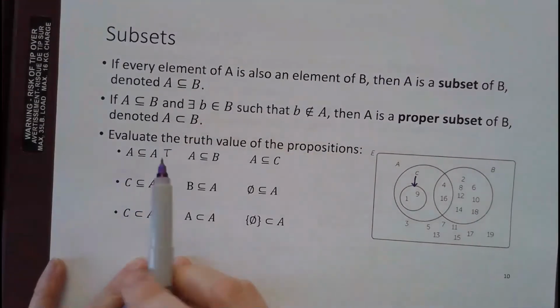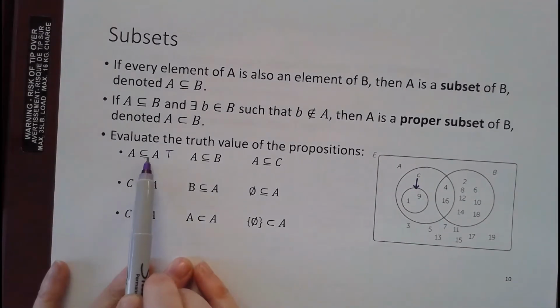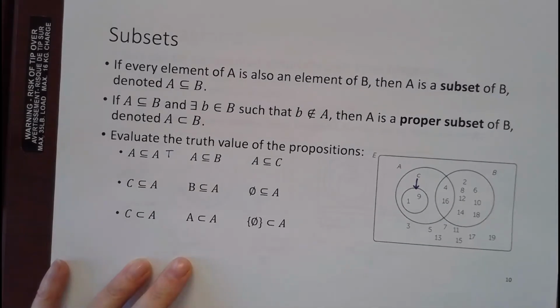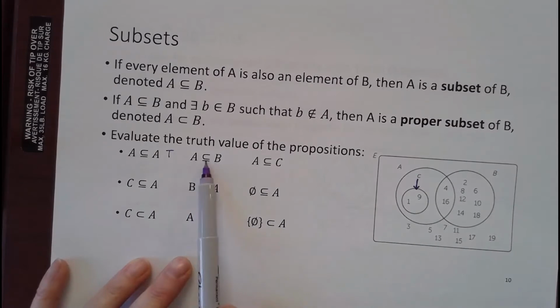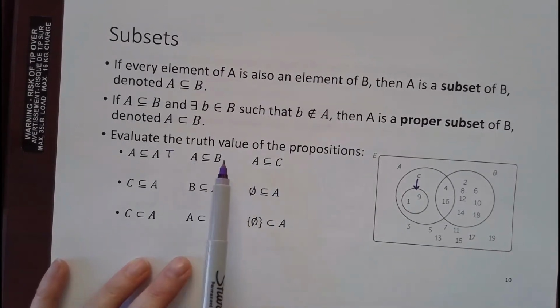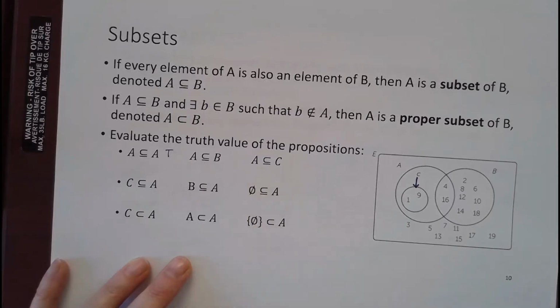Every element of A is also an element of A. We already decided that when we talked about subset. How about A is a subset of B? Well, for that to be true, every element in A would have to also be in B. Is that true or false? False. Can you find a counterexample?